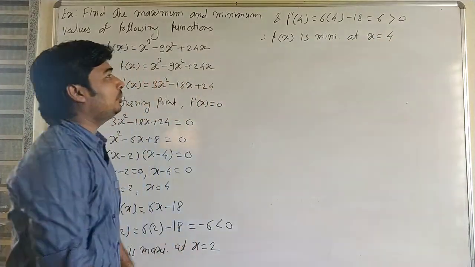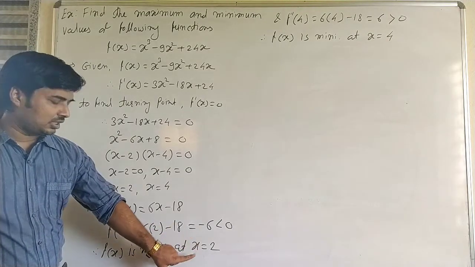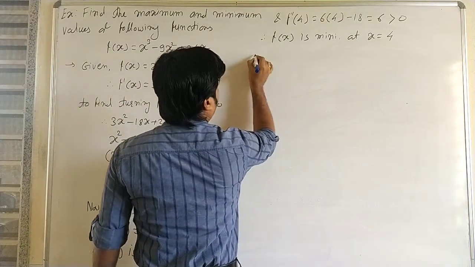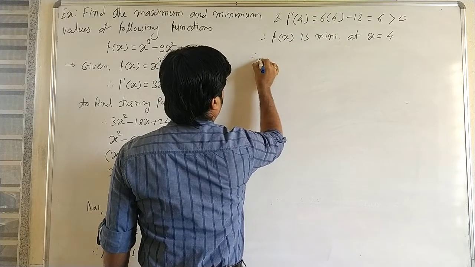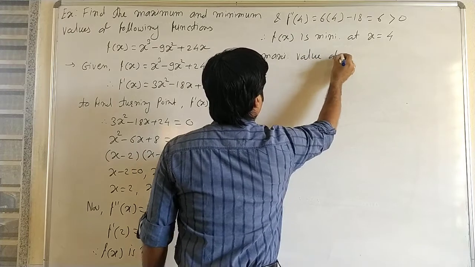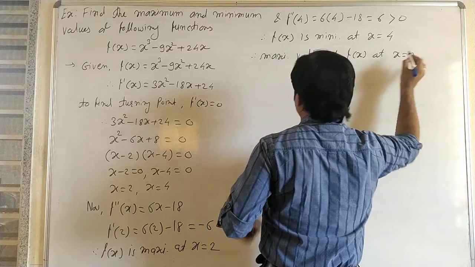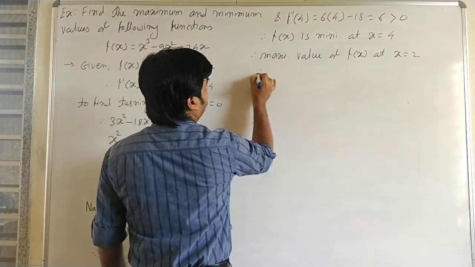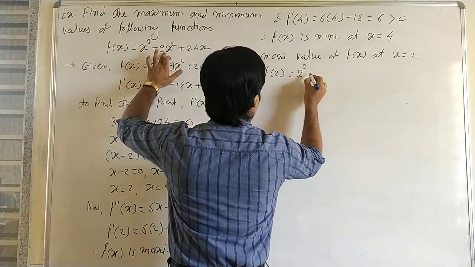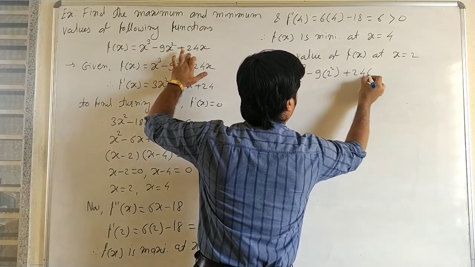Now we find the maximum and minimum value. The maximum value of f of x is at x is equal to 2, and the minimum value of f of x is at x is equal to 4. Okay, therefore the maximum value of f of x at x is equal to 2: f of 2 is equal to 2 cube minus 9 into 2 square plus 24 into 2.